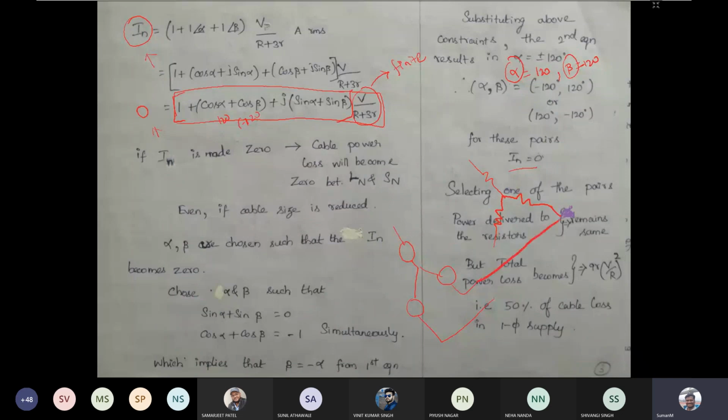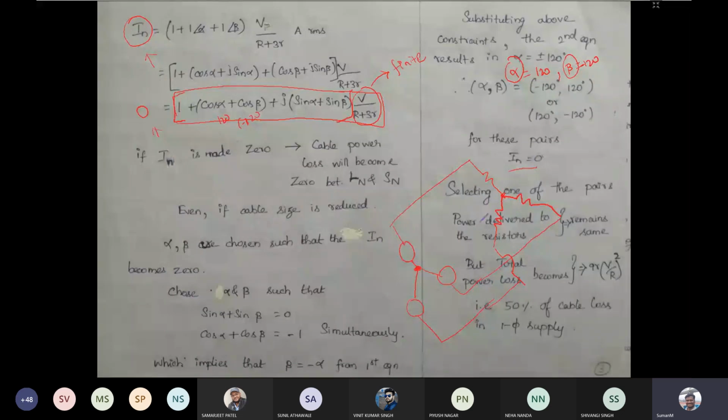Here this is the neutral point of the source and this is the neutral point of the load. You can see that there is no neutral wire connected. Why? Because the neutral current is made 0, so there is no requirement for the neutral wire to be connected.